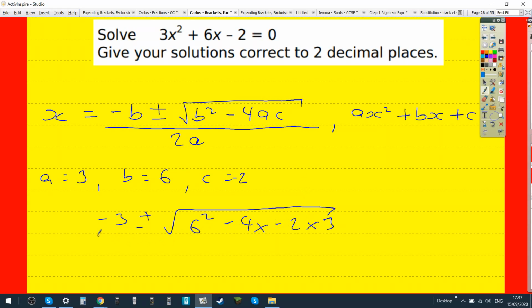Oh, okay. All over 2 times 3. Yeah. And so put that whole crazy thing into your calculator. Okay. How do you do the plus minus thing? Just leave it as plus. Okay. Square root.